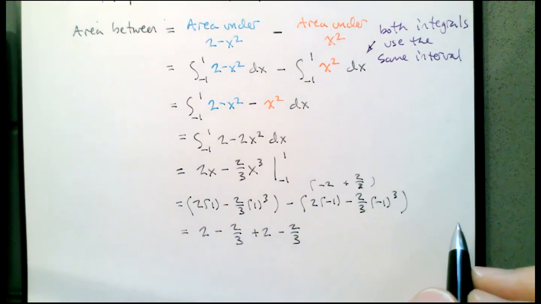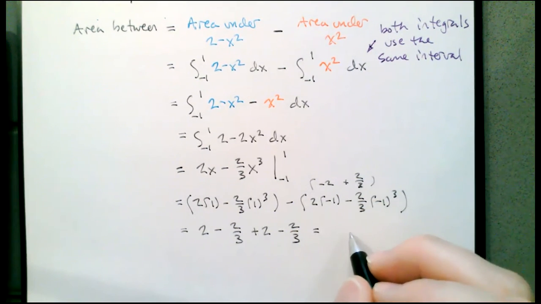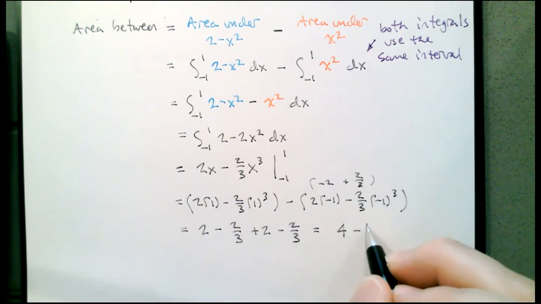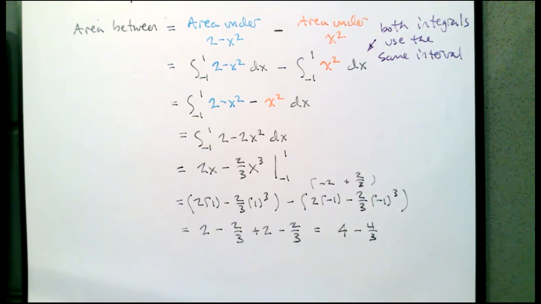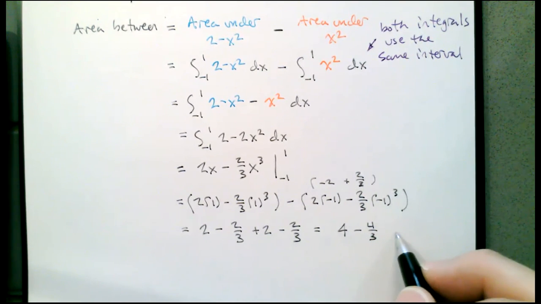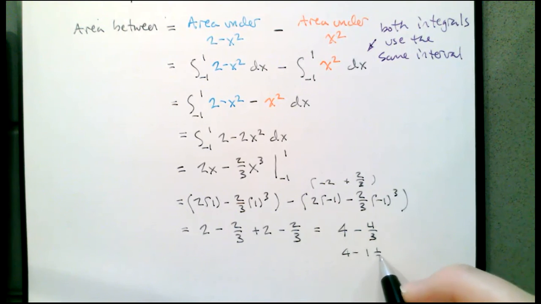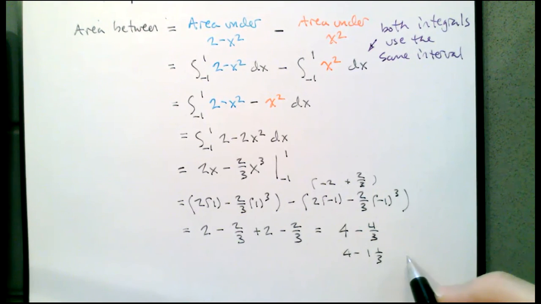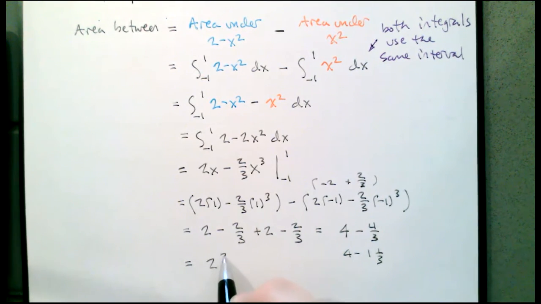So we got 4 and -4/3. Let's see. So that's 4 minus 1 and 1/3. 4 minus 1 is 3, 3 minus 1/3, 2 and 2/3.